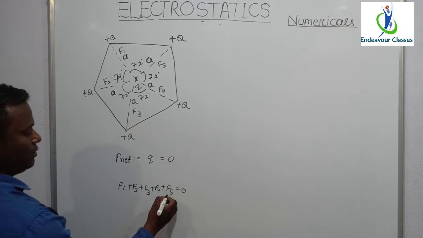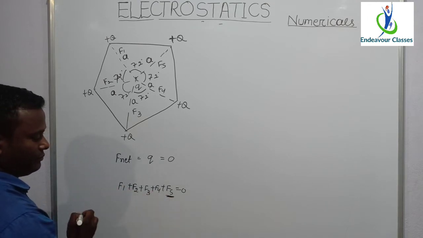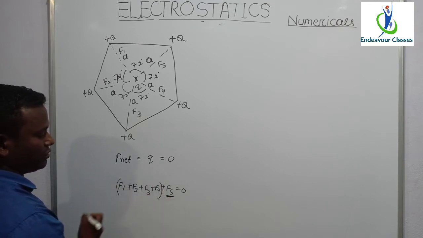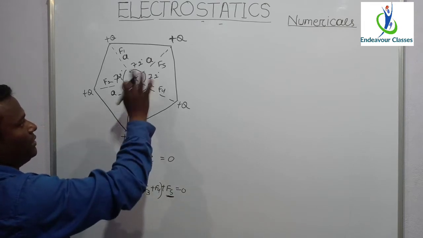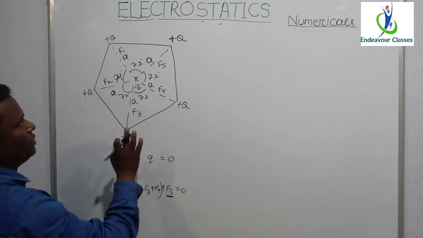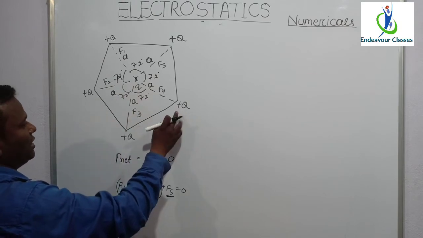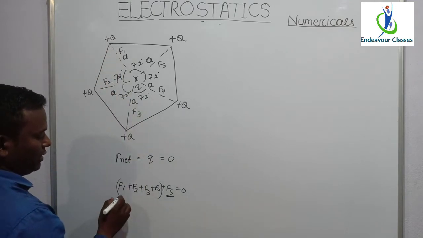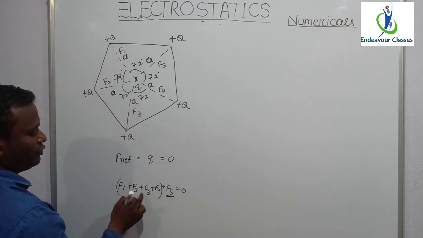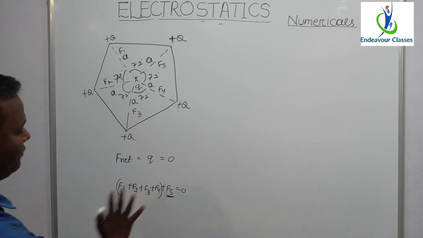But here we don't have F5, we only have these forces. That means we have to find the net force on this charge small q due to the 4 charges q, q, q and q, that is the net resultant of F1, F2, F3 and F4. But F5 is not there.